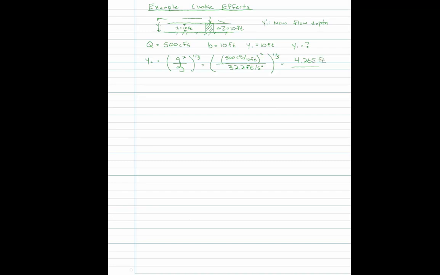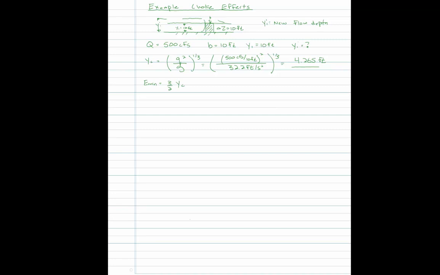Now we remember from the relationship that the minimum energy required, the total energy required to get the water up over this obstacle, is 3/2 of the critical depth. In other words, when water is flowing at the critical depth, we know that the depth is 2/3 of the energy.